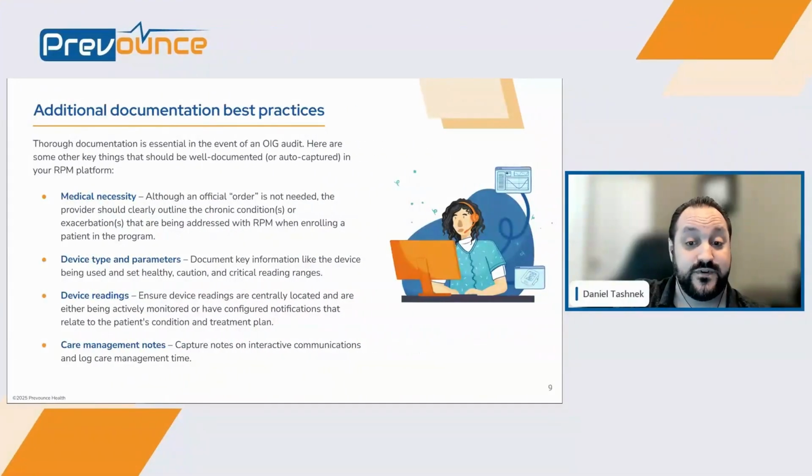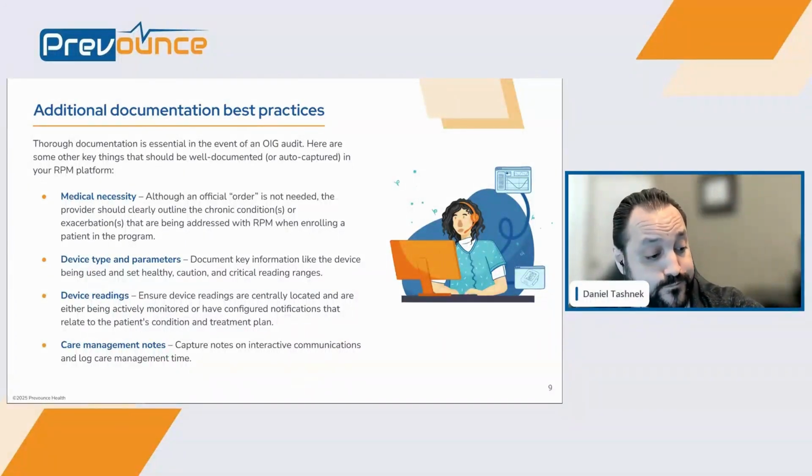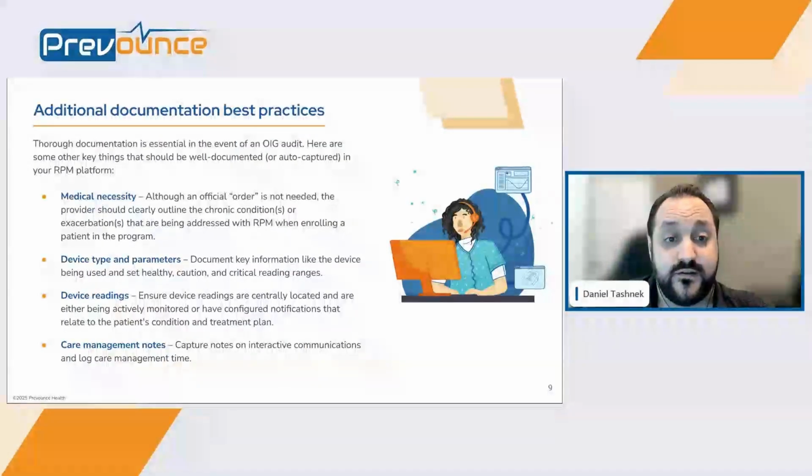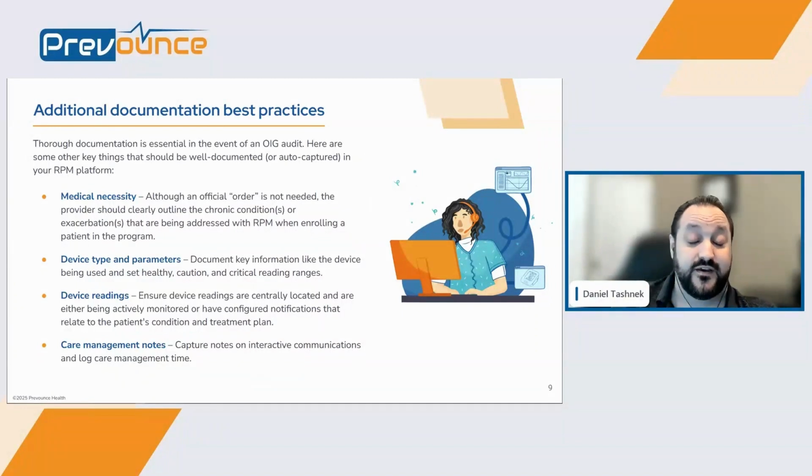A few other things that we've seen be issues in recent audits that we've heard of. First, medical necessity, right? If you're in billing or even practice or medical field generally, you'll be familiar with reasonable and necessary, the criteria that's required.